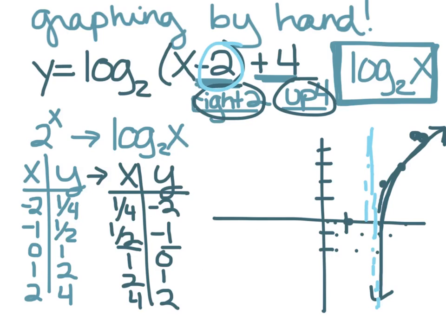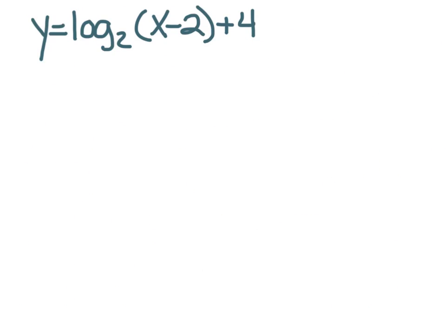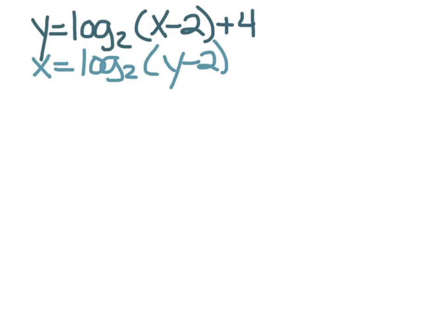Here's how I would do it. I would just directly find the inverse of what I've got. So I would just switch my x and y, and then solve for y. So I'm going to take away 4 first.